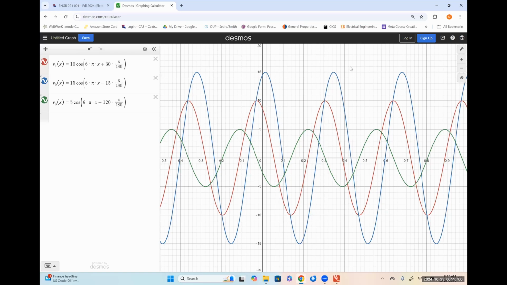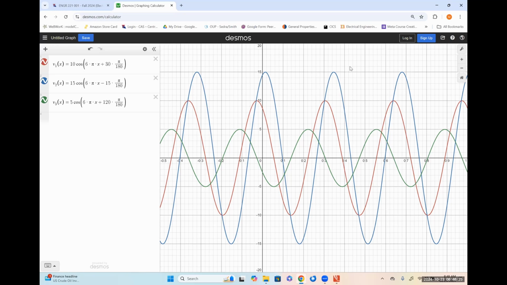And the blue curve is slightly delayed because it's hitting its peak slightly after x is equal to 0. I could say that the green curve is leading both the red curve and the blue curve because it's hitting its peak value at an earlier point in time.